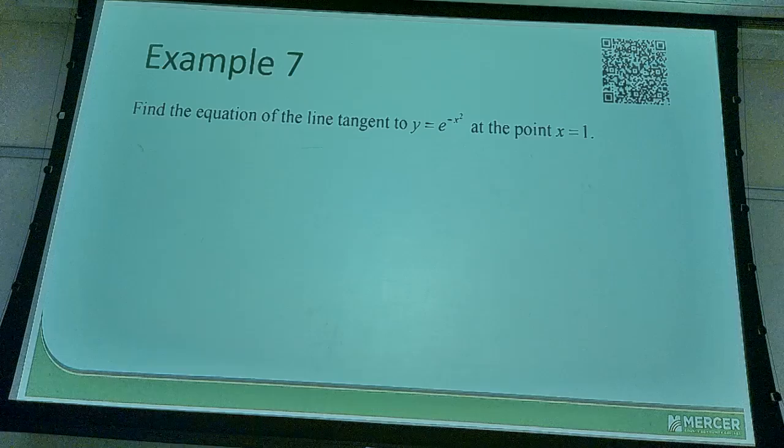Equation of the tangent line at the point x equals 1. Well, first thing we need is y prime, right? What kind of function is it? So what does the rule tell us?